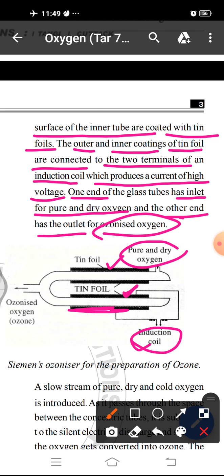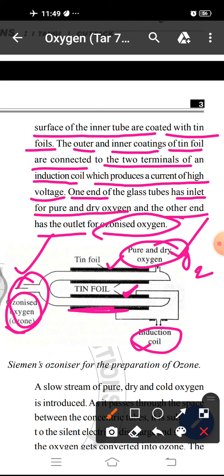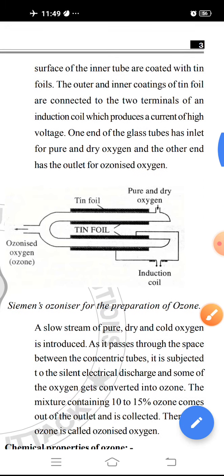Oxygen gas is introduced at the inlet, and ozonized oxygen comes out at the outlet. This is the construction. Then how is ozone prepared in this Siemens ozonizer?